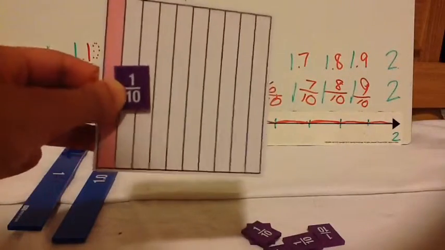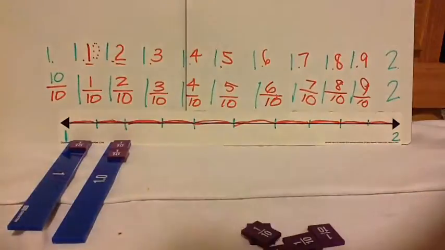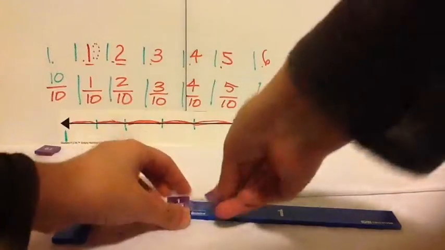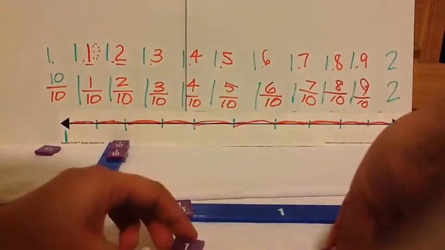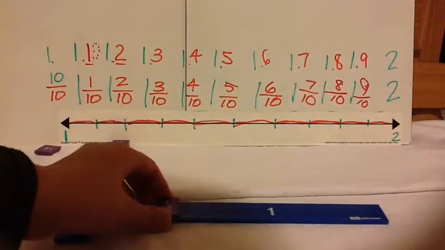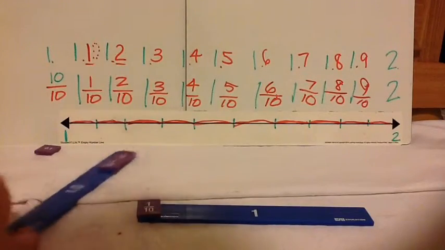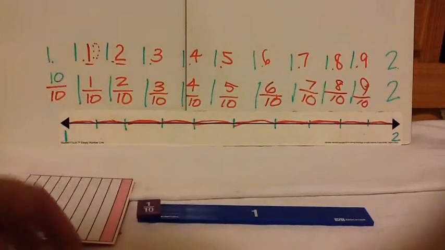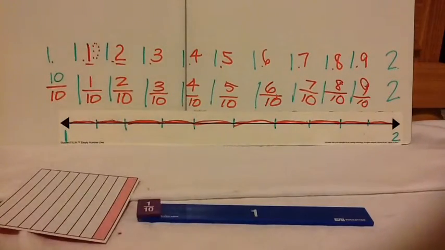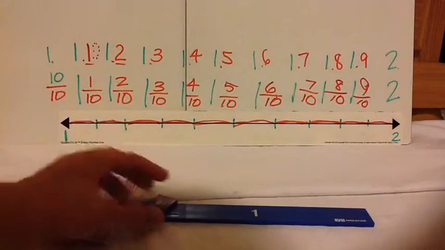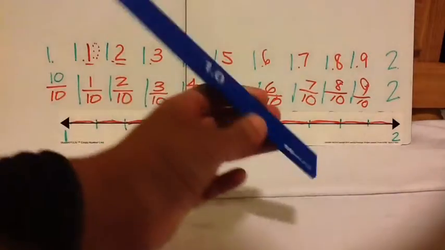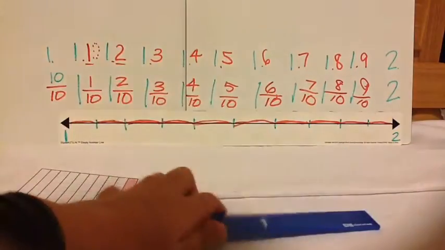Like this is 1/10, 1 out of 10 pieces. And then this is also 1 out of 10 pieces. So 1/10 and 1/10. I also wanted to show you that on the back, its decimal equivalent is on the back. And so then that's what the decimal looks like for 1 whole.